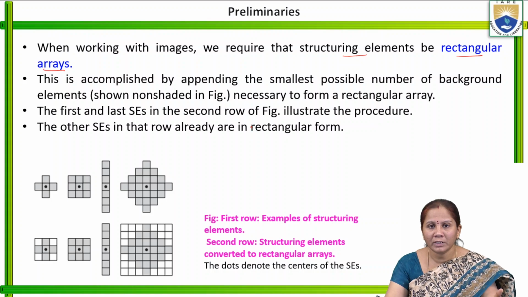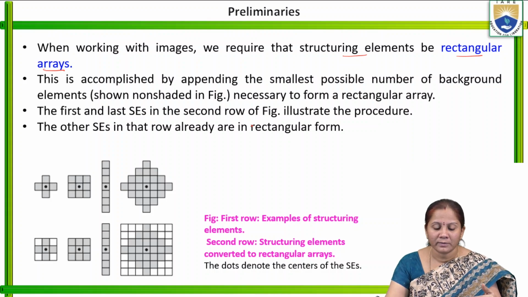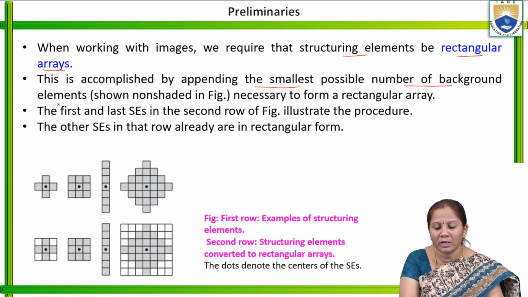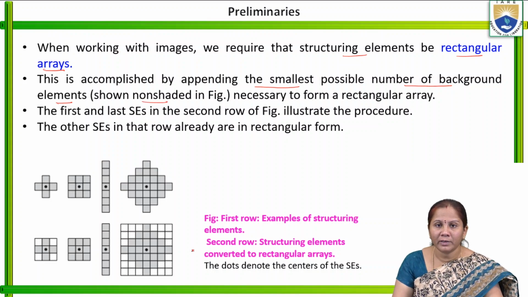That's why we have converted the given structuring elements into rectangular structures. This can be done by appending the smallest possible number of background elements, which are shown non-shaded in the figure. It is necessary to form a rectangular array.